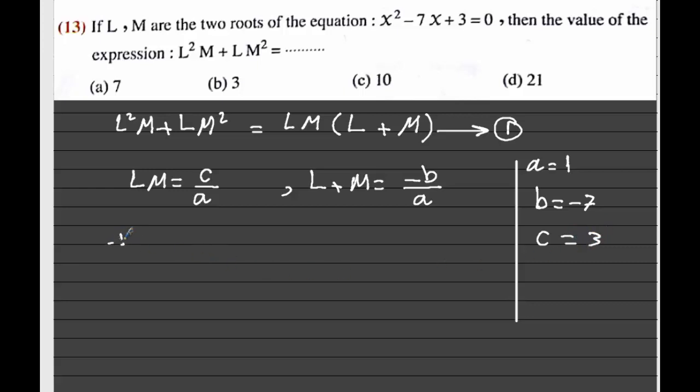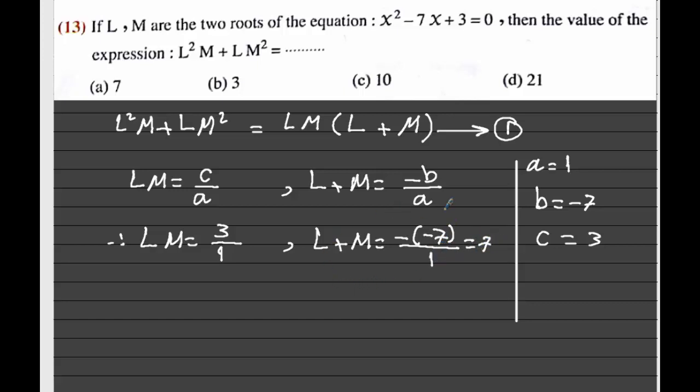Now LM equals C over A, which equals 3 over 1, and L plus M equals negative B over A, negative of negative 7 over 1, which equals positive 7.